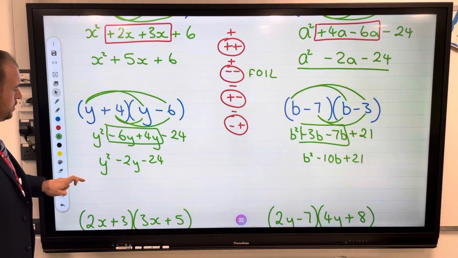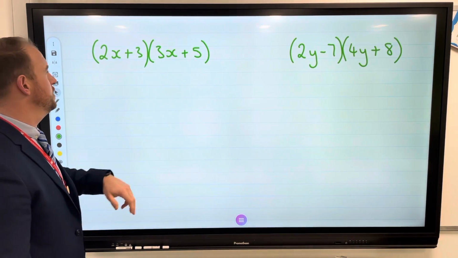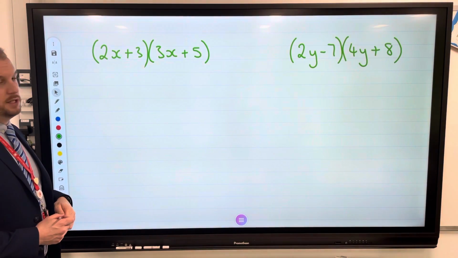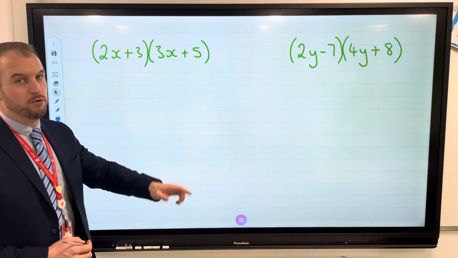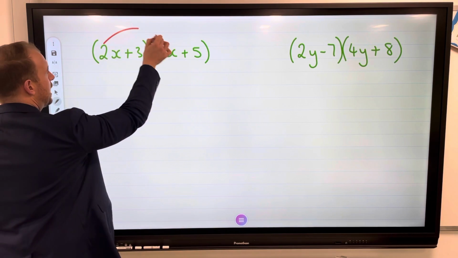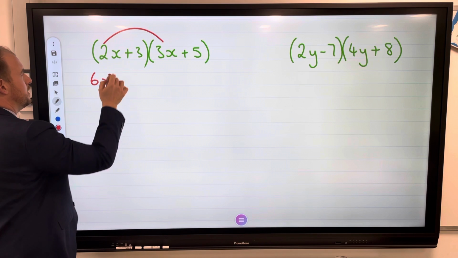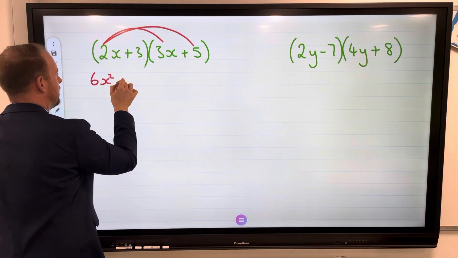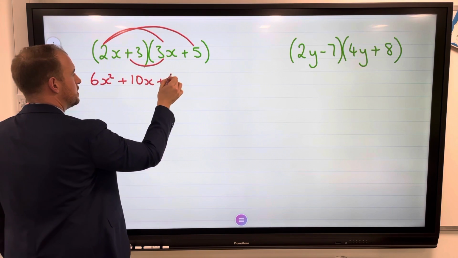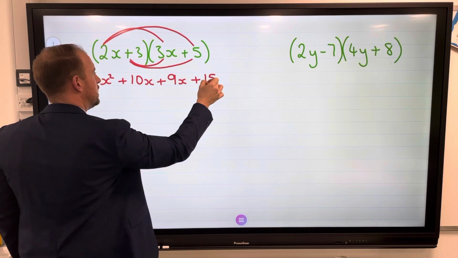These brackets though do get a little bit more complicated. Okay, you will see now I have a coefficient with each of the x's here. Okay, coefficient just means a number in front of the letter. So same principle then. 2x times 3x is 6x squared. 2x times 5 is 10x. 3 times 3x is 9x. 3 times 5 is 15.